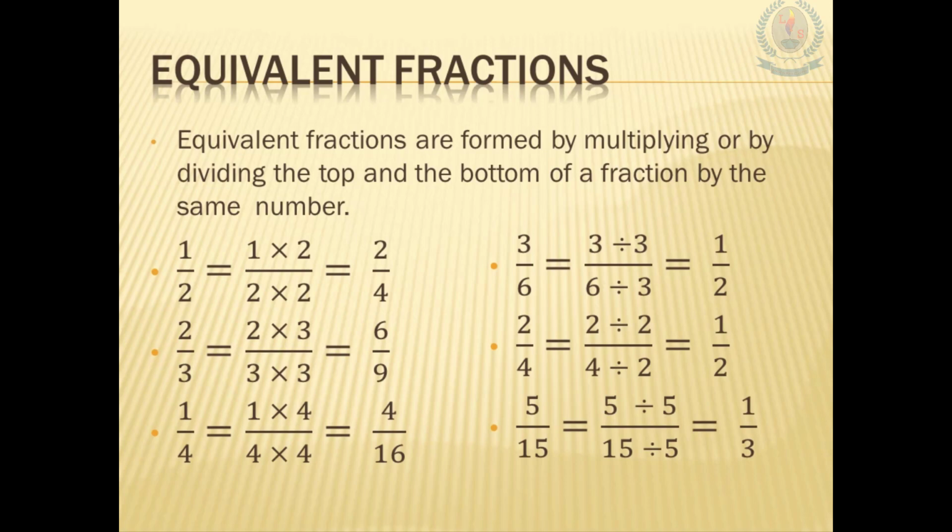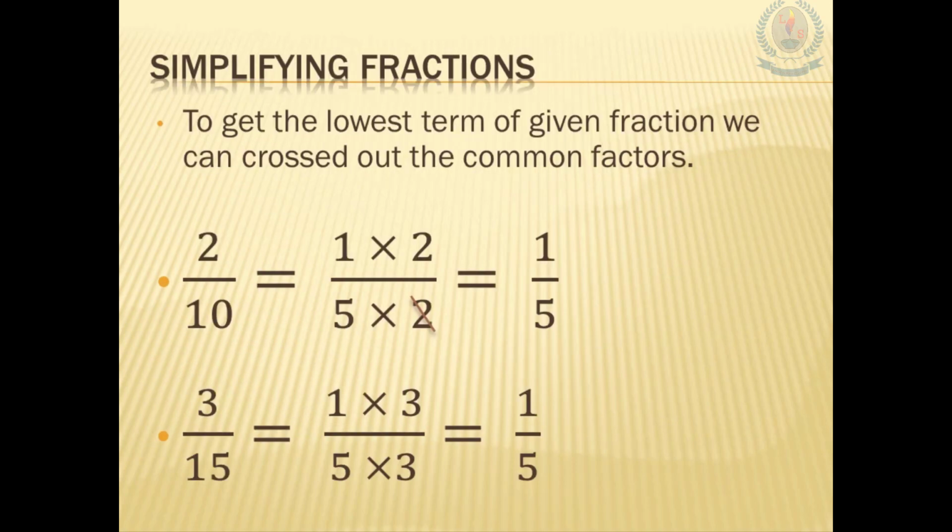For 2/4, you can divide both numerator and denominator by 2 and get half as one equivalent fraction for 2/4. For the next one, I divide both the numerator and denominator by 5 and I got one equivalent fraction as 1/3.